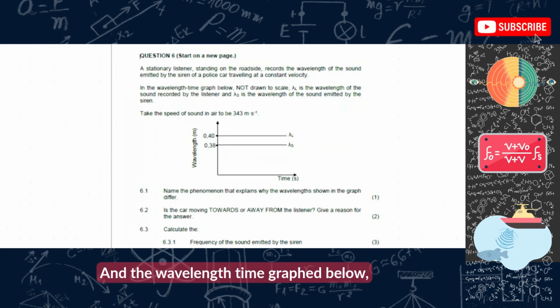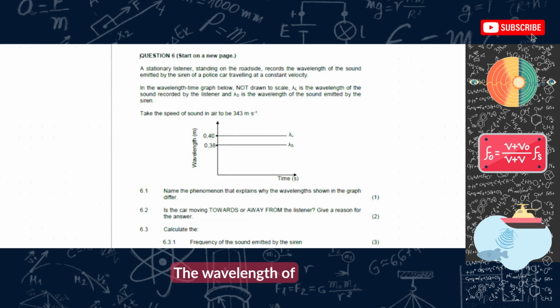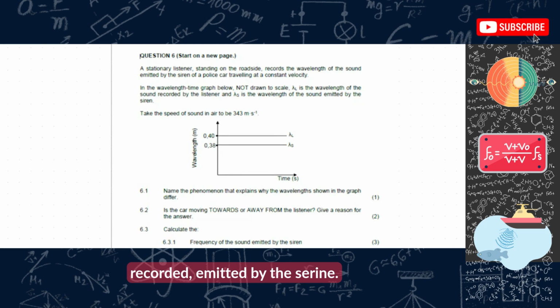In the wavelength-time graph below, not drawn to scale, that's not a problem, the wavelength lambda L is the wavelength of the sound recorded by the listener, and lambda S is the wavelength of the sound emitted by the siren. Take the speed of sound in air to be 343.